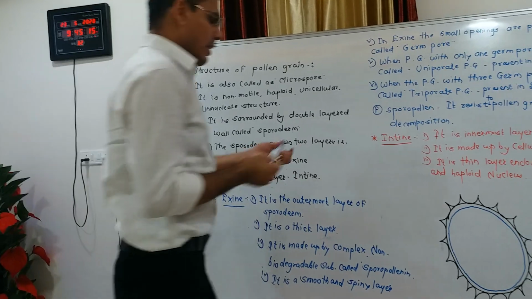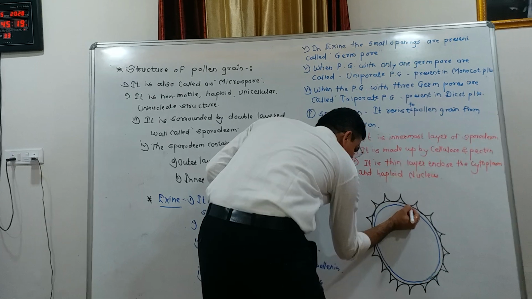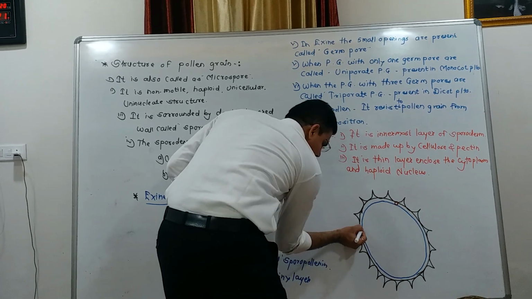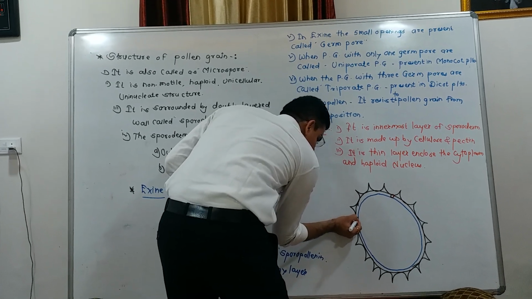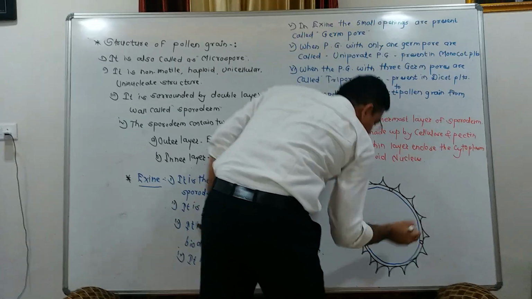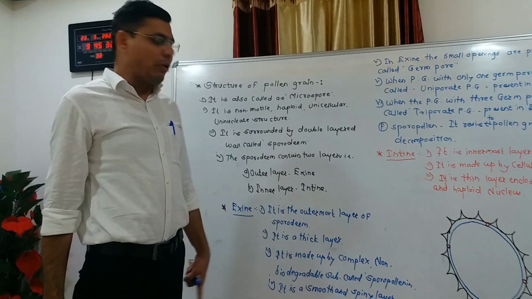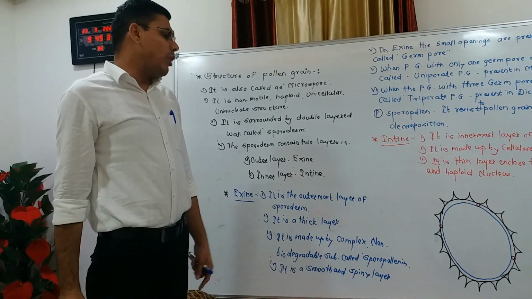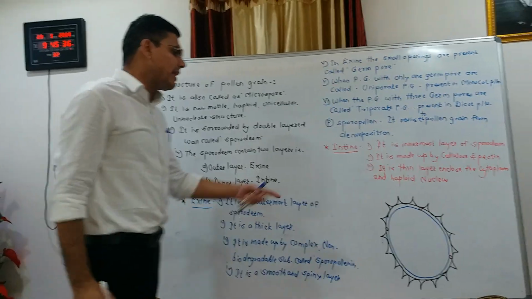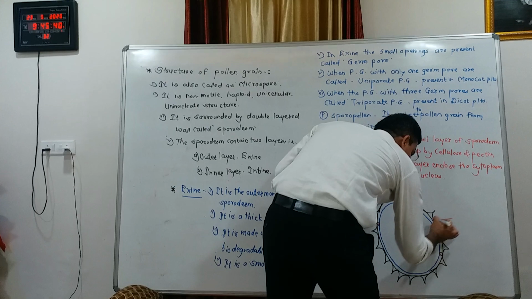In exine, the small openings present are called germ pores. So in the pollen grain of monocot plants, only one germ pore is present, hence it is also called uniporate pollen grain. And in the pollen grain of dicot plants, three germ pores are present, that is called triporate pollen grain.